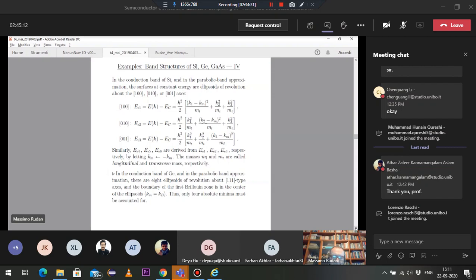And finally, when you consider the 0, 0, 1 direction, then the longitudinal mass is associated to K3, and the transversal masses are associated to K1 and K2. This is related to the three minima that are on the positive sides of the origin with respect to the first, second, and third axis. Those that are on the negative sides, the remaining three minima, are simply found from the above expression by replacing Km with minus Km. Okay?